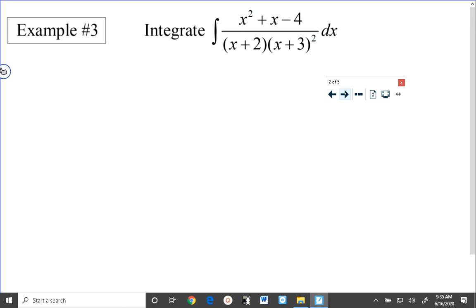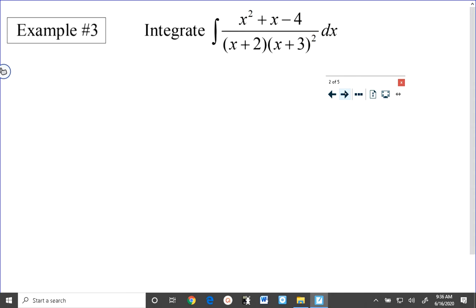The cubic polynomial is already factored because I don't want to waste any time here factoring cubic polynomials or even larger polynomials. So that's the first criteria that needs to be true if we're going to use the technique that we learned on Monday. The second criteria is that the denominator has to be entirely factorable into all linear factors.